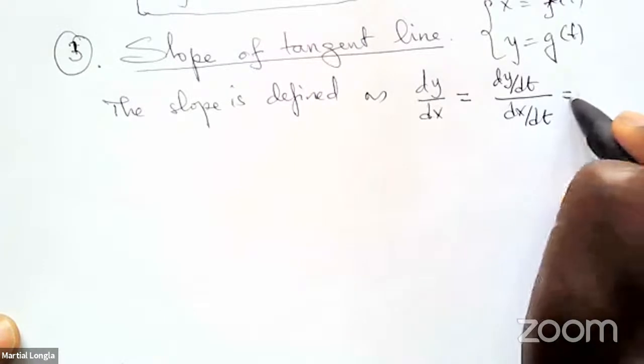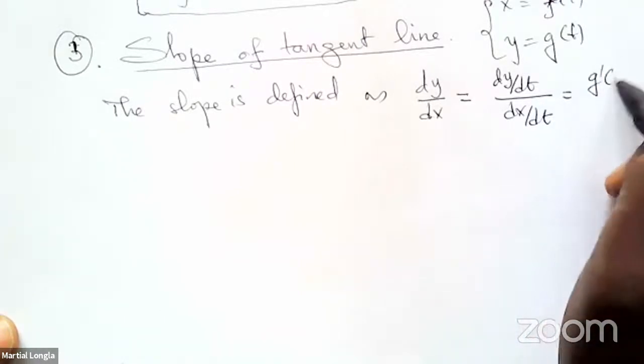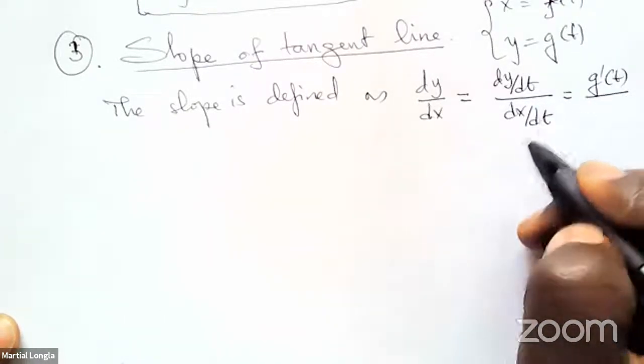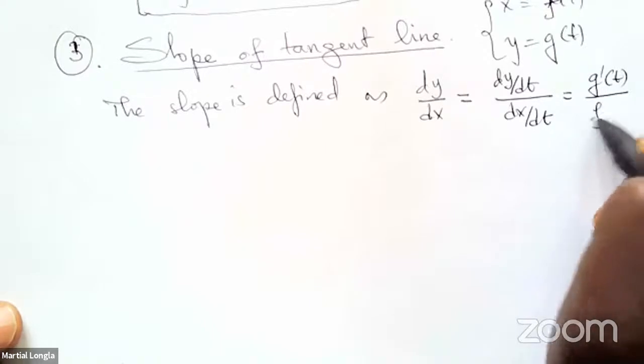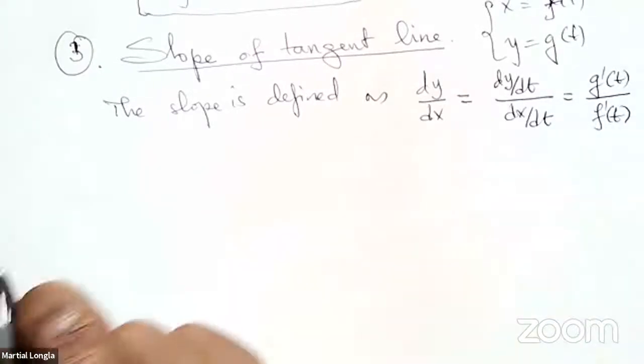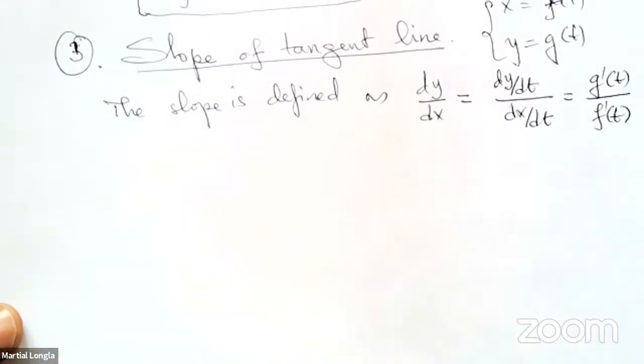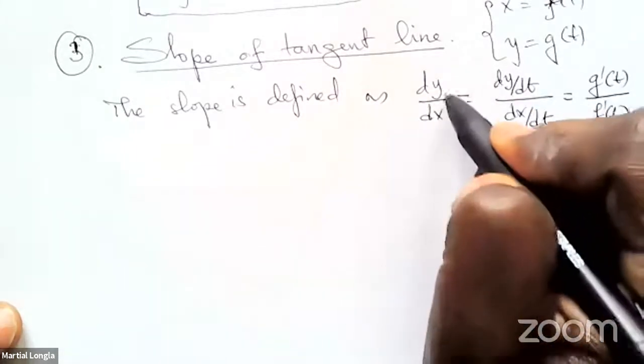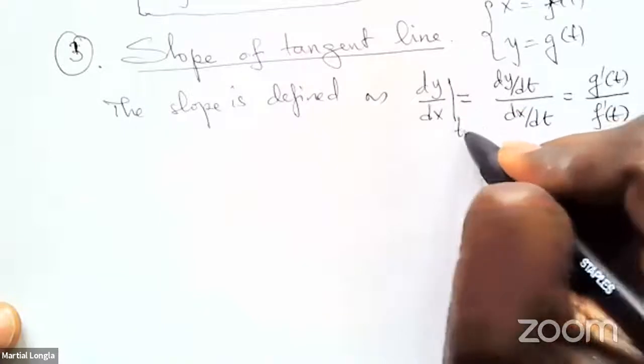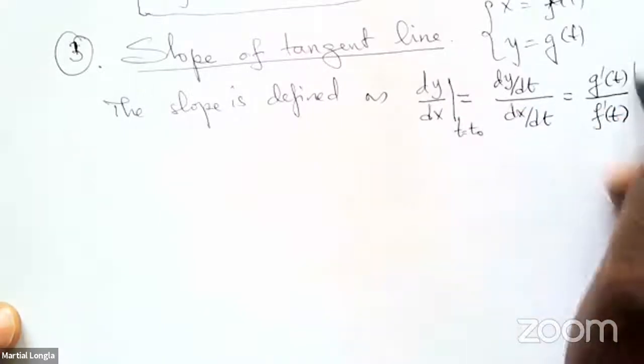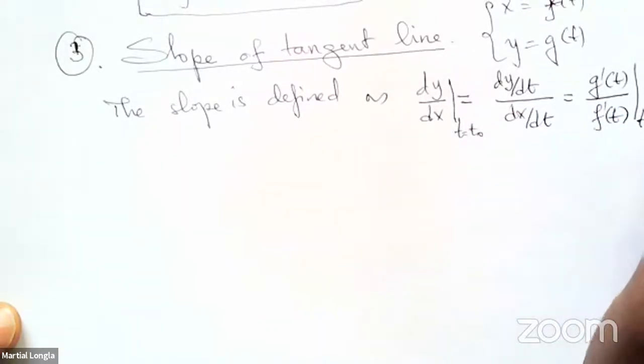So we need to take the derivative of y and divide by the derivative of x. This is how you would find the slope, and then plug in the point t equals t0 that is of interest.